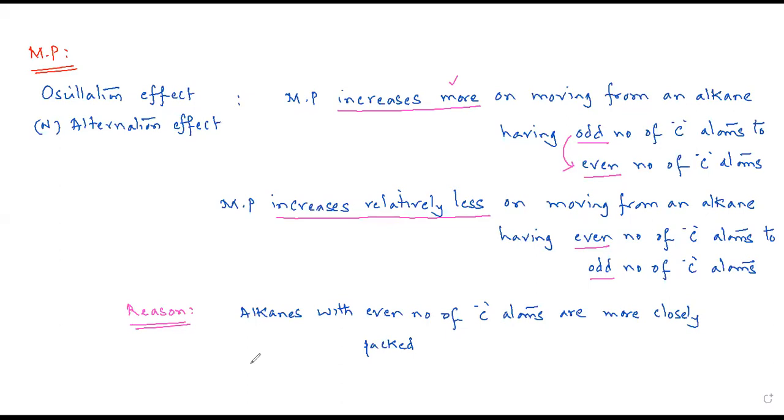But this is how we have to check. And see, because of this, we call it oscillation effect or alternation effect. Let me show you what oscillation effect is or what alternation effect is, taking the values which I remember. Let me give you an example.